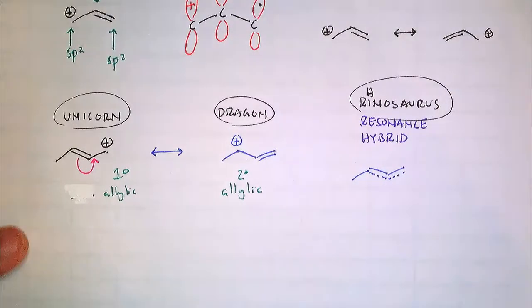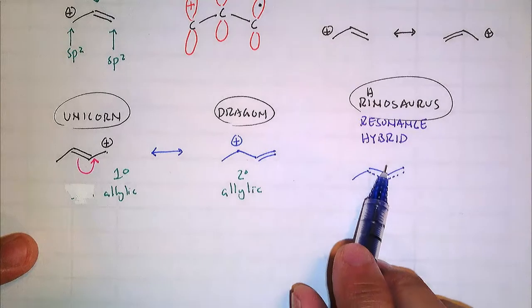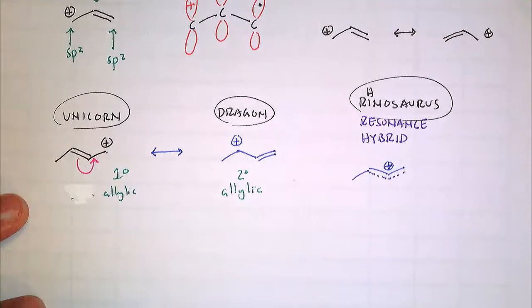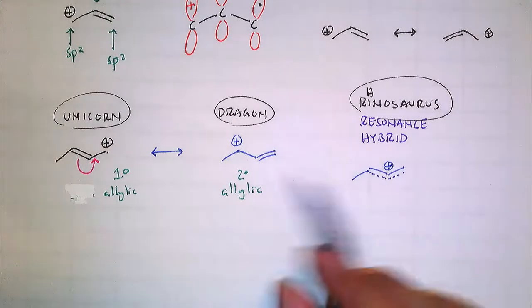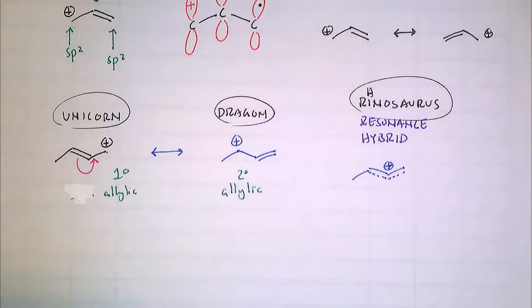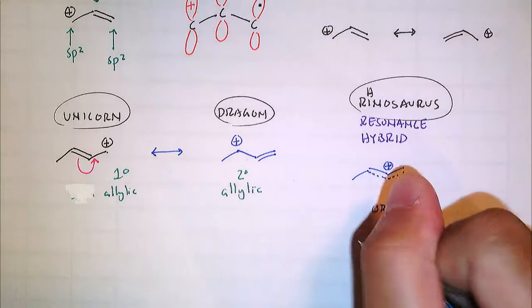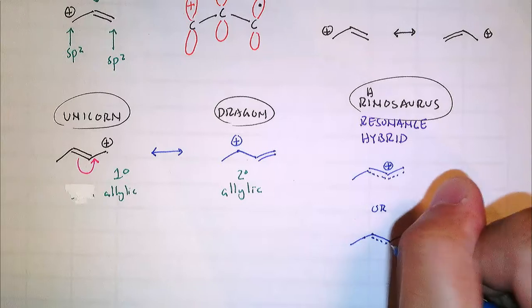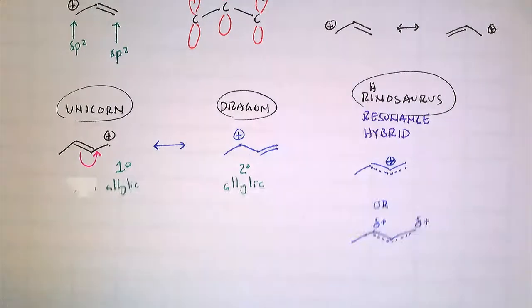The plus charge is a little bit strange. Either you could put a plus charge right here in the middle. You'll see that a lot of times. So the resonance hybrid does have a full plus charge. It's just that that plus charge is shared between 2 different carbons to total up 1 plus charge. Or I think it's acceptable to draw a partial positive here, partial positive there. This is real.